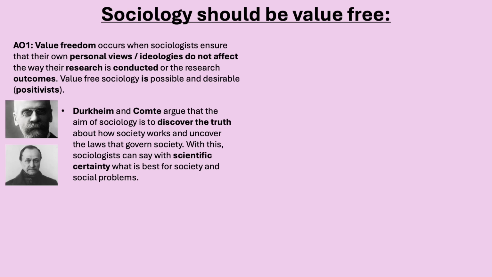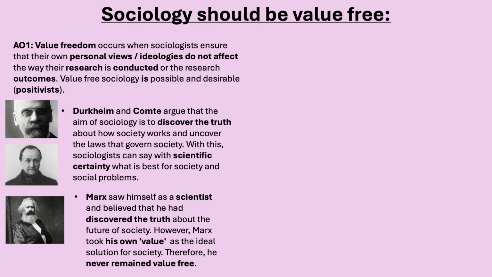So Durkheim and Comte argue that the aim of sociology is to discover the truth about how society works and uncover the laws that govern society. With this, sociologists can say with scientific certainty what is best for society and social problems. Marx saw himself as a scientist and believed that he had discovered the truth about the future society, that being that we should overthrow capitalism and live in a communist society in order for it to be the best.